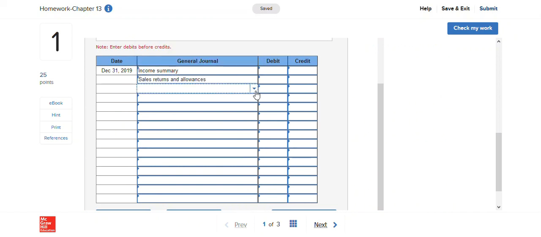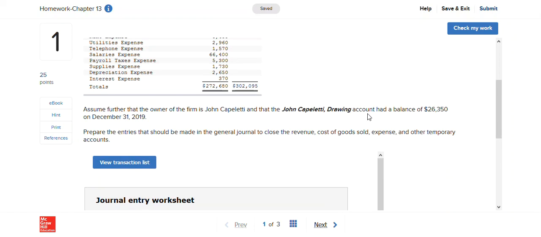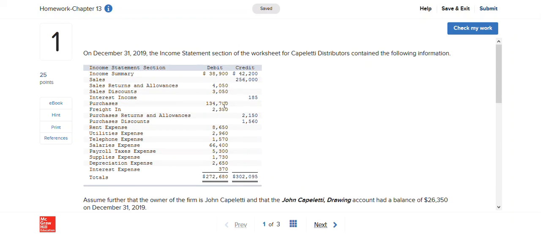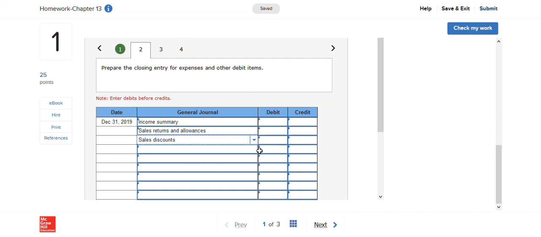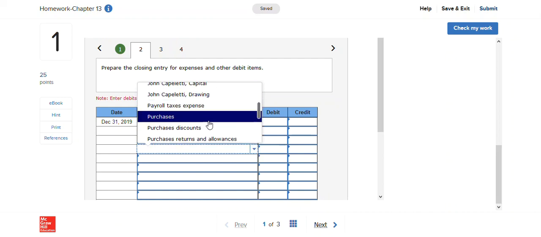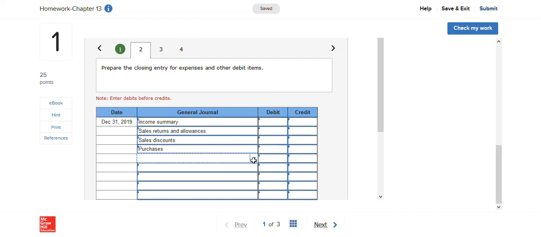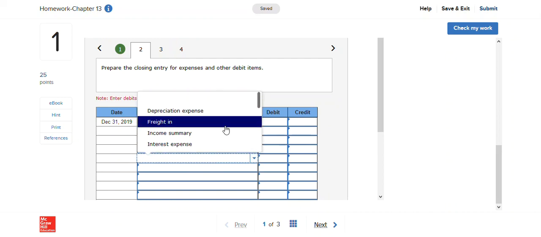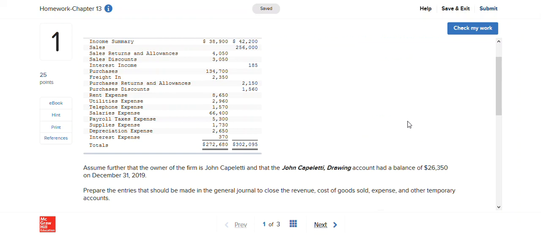Got sales returns and allowances, sales discounts, purchases and freight in, and all of those expenses.